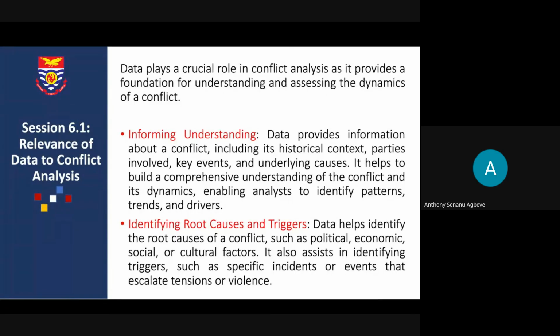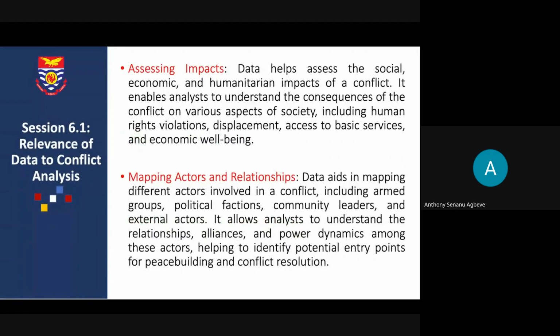That also triggered the conflict. Then also maybe political undertones, where one faction believes that the other group is being sponsored or being supported by the government. All this information will help you to understand all these dynamics before you even start assessing the situation. So the data is very important in conflict analysis.